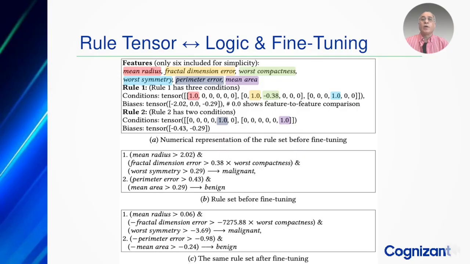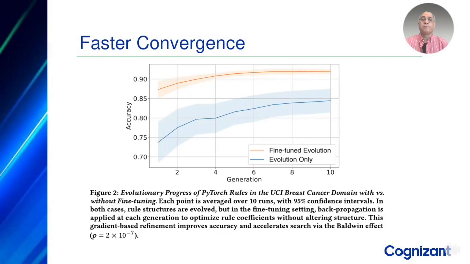Once rules are tensorized, we enable hybrid strategies. Not only can we evaluate symbolic rules efficiently on GPUs, but we can also refine them using gradient-based methods, combining the strength of symbolic reasoning with continuous optimization.